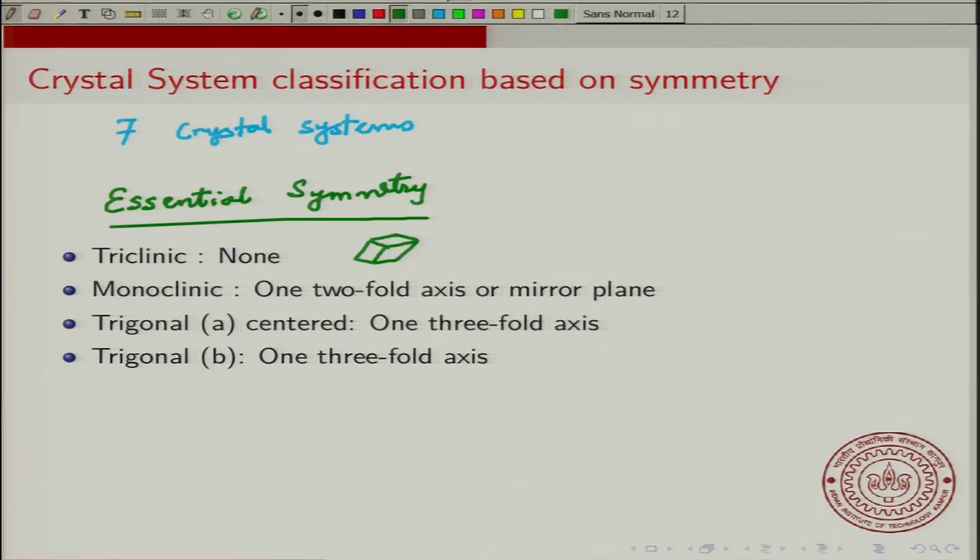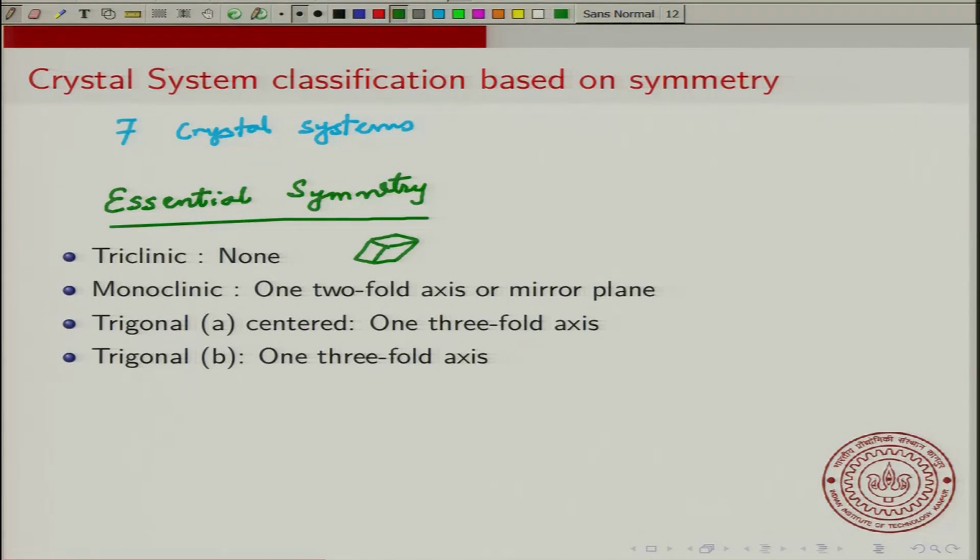So that was a general triclinic system, and there is no essential symmetry that it has to satisfy. Of course, since it is a crystal, it should have a unit cell, it should have the translational symmetry of a crystal, but other than that there is no essential symmetry that has to be satisfied to say that a crystal is part of a triclinic system.